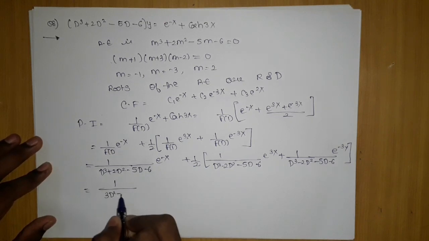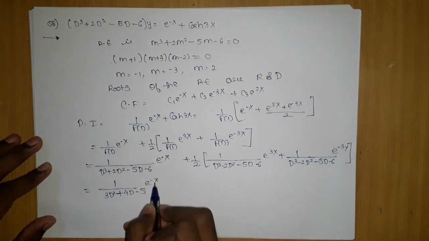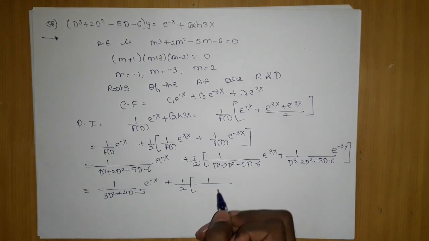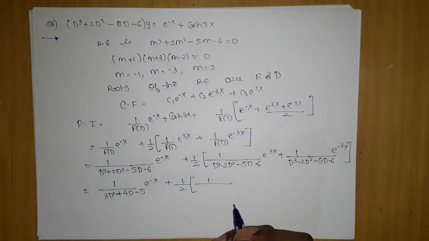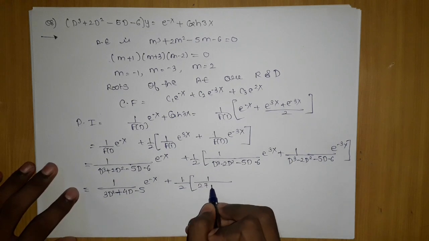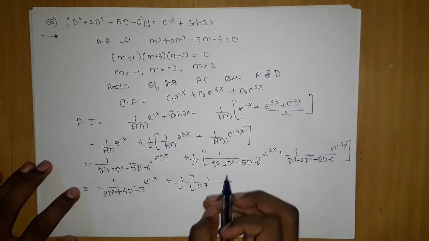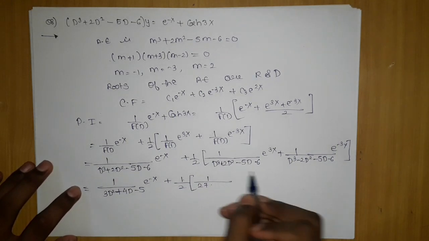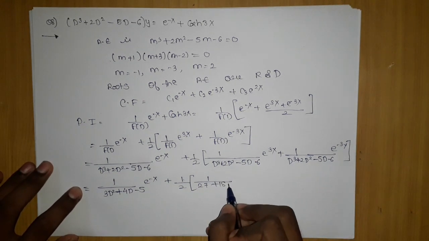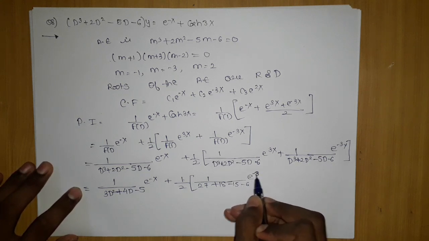So 3D square plus 4D minus 5 e to the power minus x plus 1 by 2. If we substitute here, what we are going to get, 3 cube is nothing but 27 into 2, plus 18, minus 5 into 3, which is 15, minus 15, minus 6, e to the power 3x.